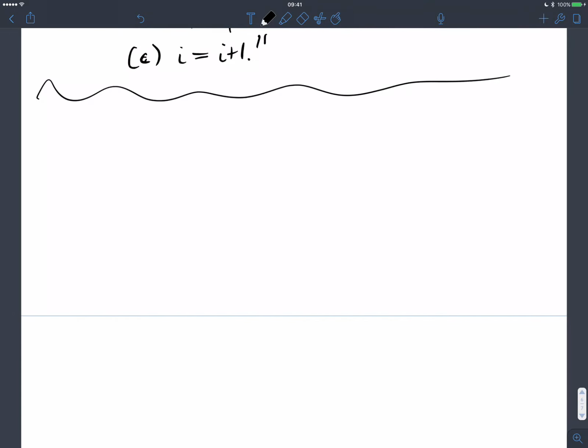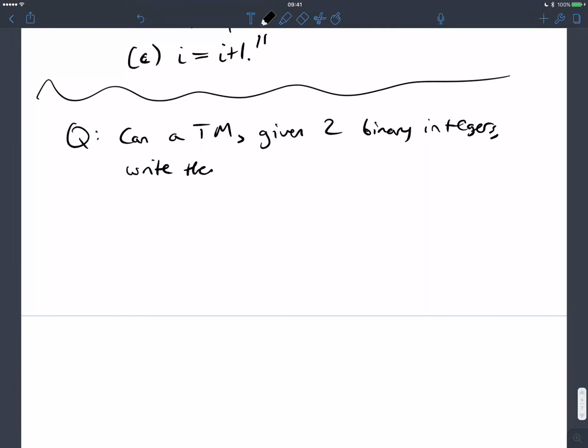So I want to ask a very fundamental question. Can a Turing machine, given 2 binary integers, write their sum to the tape?